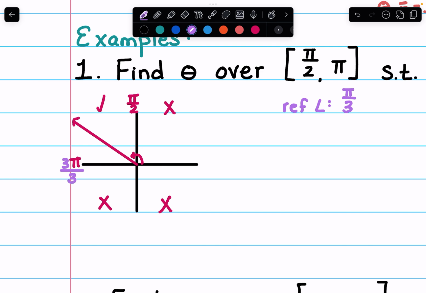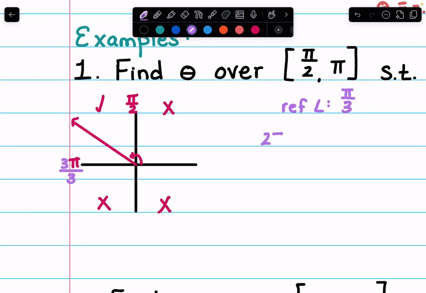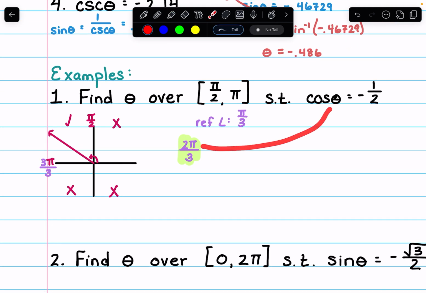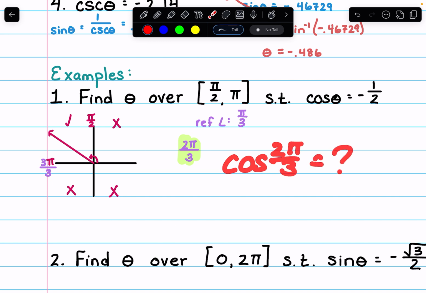So 1 back from that, right? My answer would be 2 pi over 3. So what I'm saying is that the cosine of 2 pi over 3 is -1/2, right? Normally, what we've done previously at the beginning of this section was we had cosine of 2 pi over 3 equals what? So we did it backwards, right?